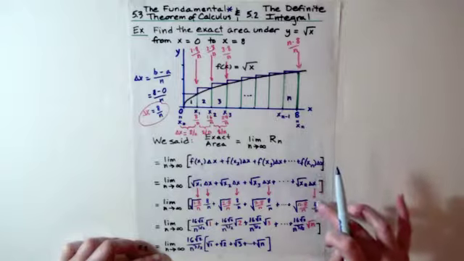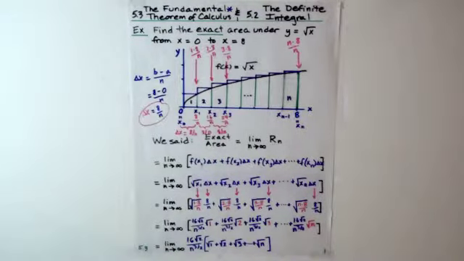I don't want you to worry too much about these details in here. The main thing I want you to think about is, even if I rewrite all of these xi's purely in terms of n this way, I'm still asking you to do something very difficult. I'm asking you to find the limit as n goes to infinity of this crazy looking expression. This factor out in front doesn't look too crazy, but this one's really crazy.